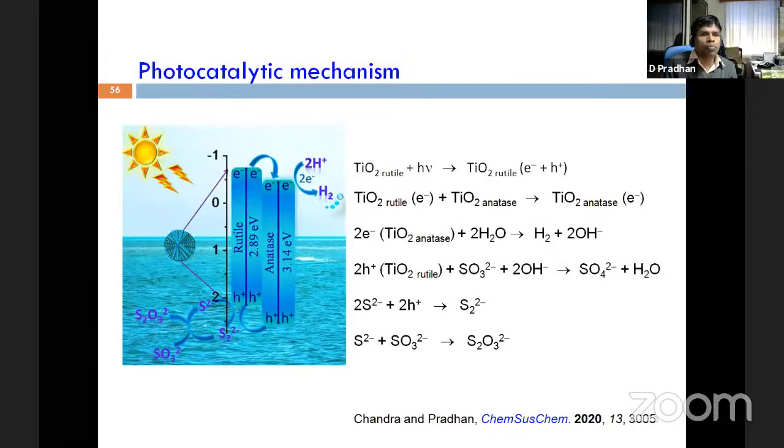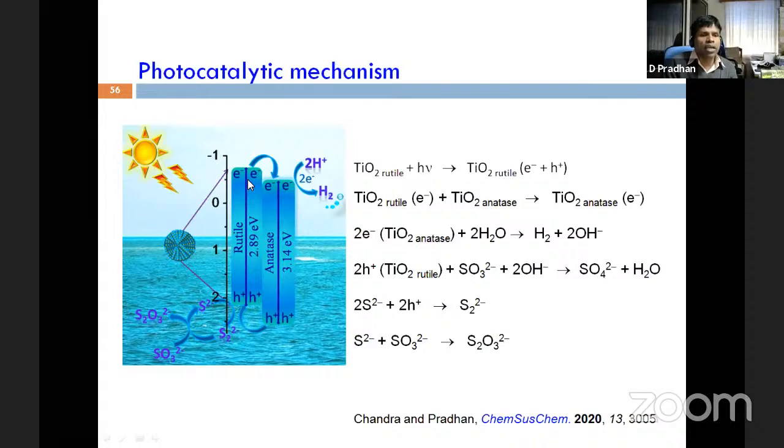The photocatalytic mechanism is again estimated using the band positions. I have not covered here how the band positions were calculated, the conduction band and valence band positions, which we can estimate by measuring the band gap and doing electrochemical studies, for pure rutile and pure anatase.